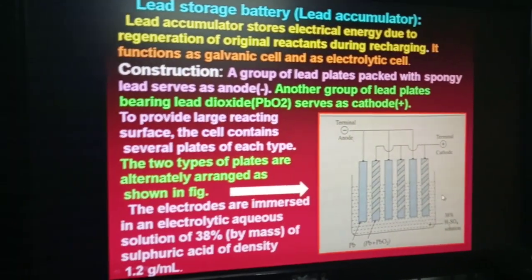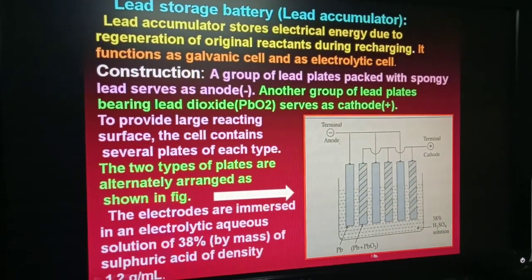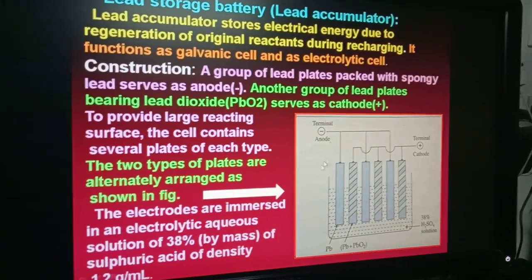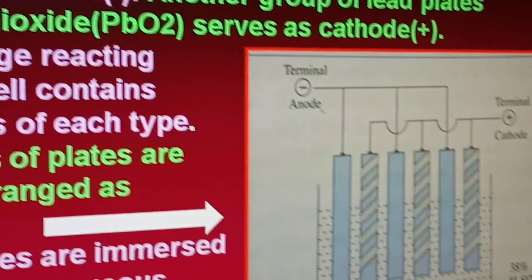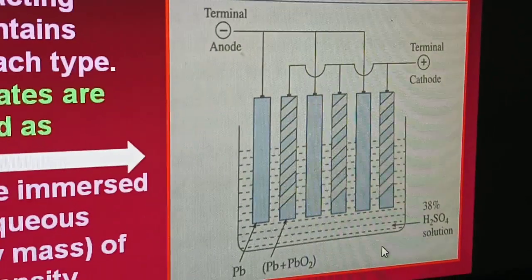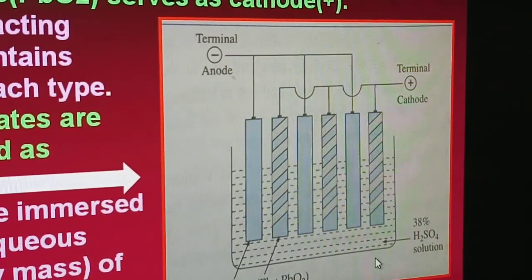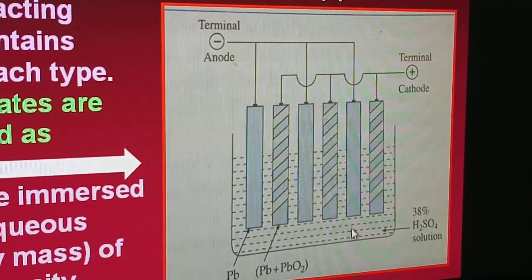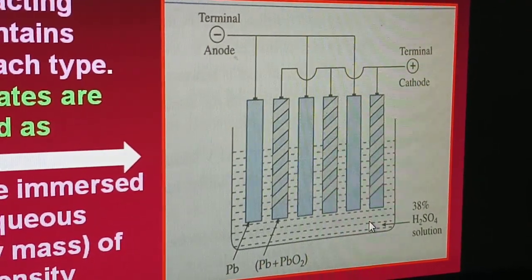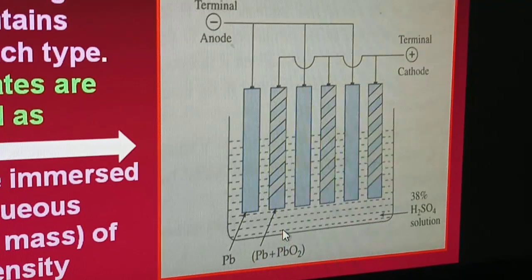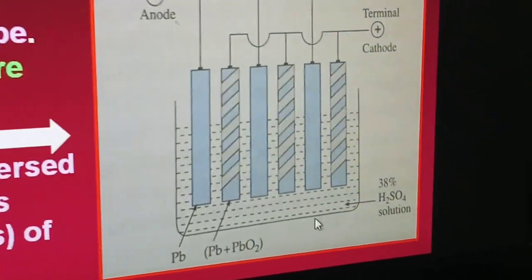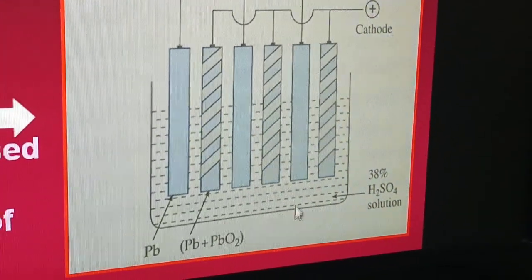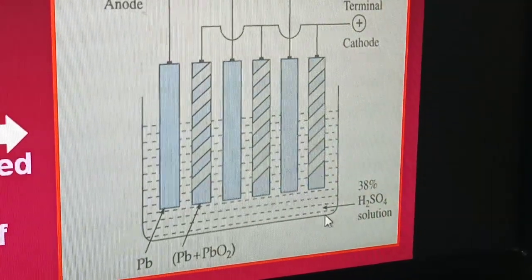In this figure we find a cylindrical vessel has been taken. In this, 38% H2SO4 is used as the main electrolyte. Its specific gravity, or density, is 1.2 gram per ml.